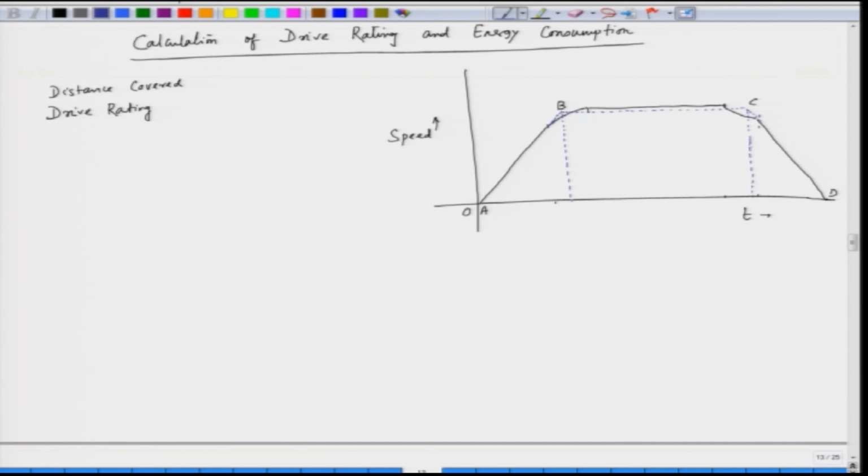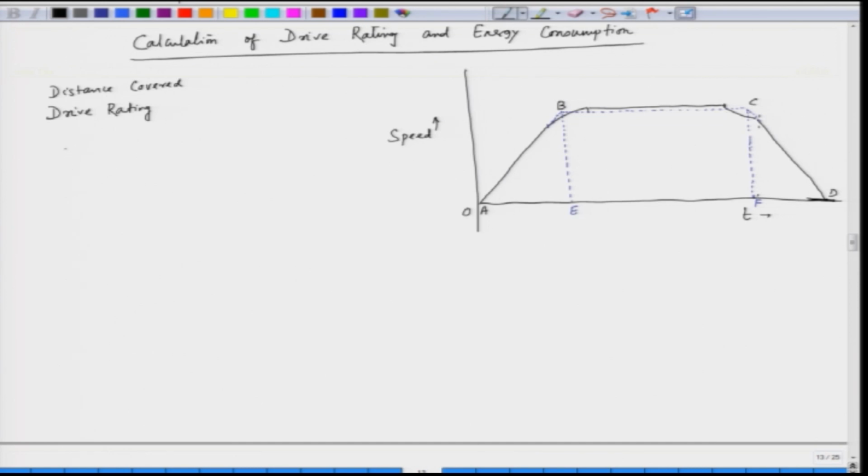So, we call this E and this F. So, this is the speed time curve. What we have done here is approximated the speed time curve to be a trapezoid.